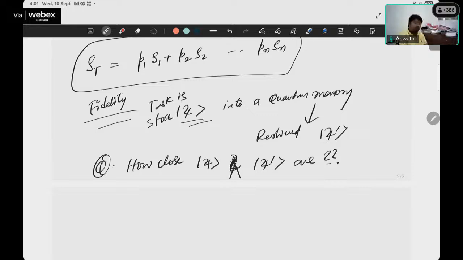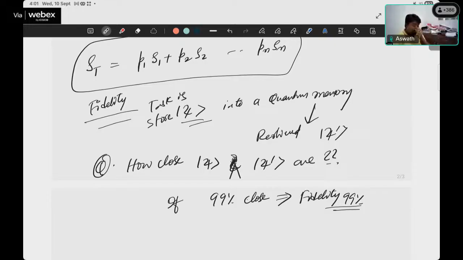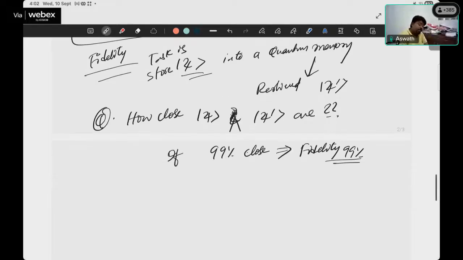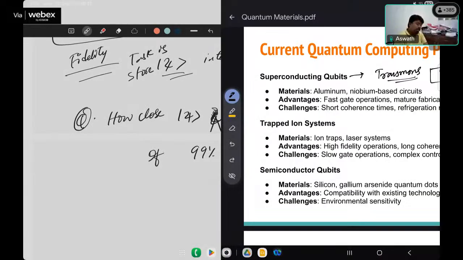If they are 99% close, we say the fidelity is 99%. I need that. Otherwise, if I store some information and I get something else, I'm not satisfied. So the fidelity is a very, very important key.